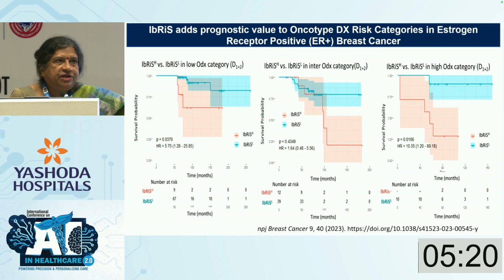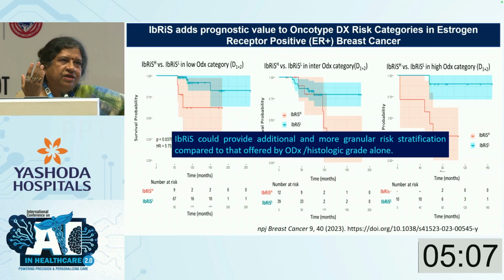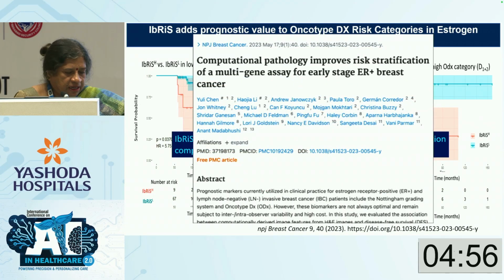That's what we did. That is image-based risk scoring. We have shown that it added much more prognostic value to Oncotype DX risk categories. And whether we do IBRIS or run this molecular test, what we are basically deciding is whether this particular patient needs chemotherapy or not. This work was published in Nature Portfolio Journal Breast Cancer.